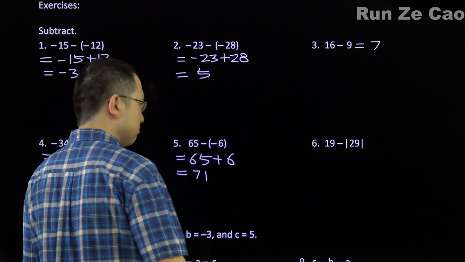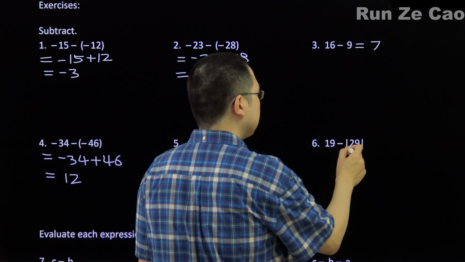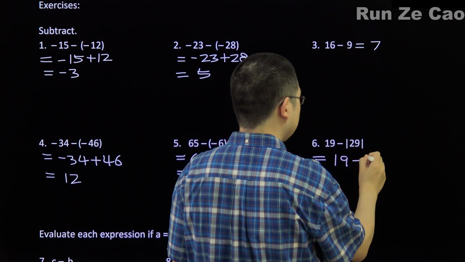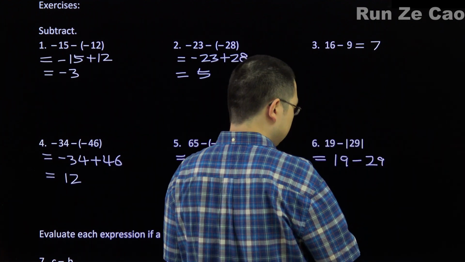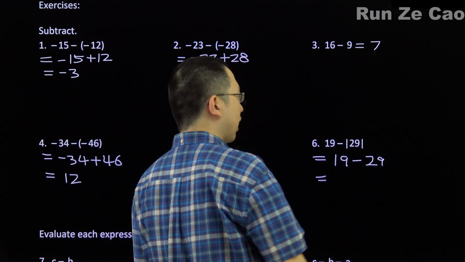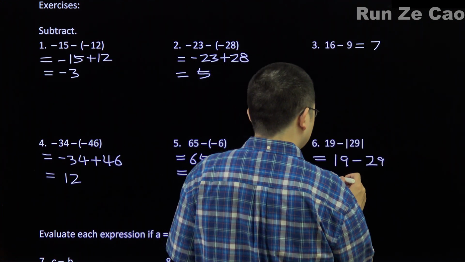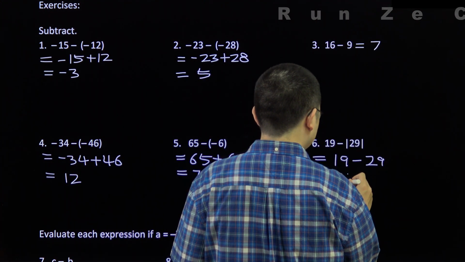So 71. 19 minus magnitude of 29. Well, that's just 19 minus 29, because the magnitude of a positive value is just the value itself. So 19 minus 29 leaves us at negative 10.